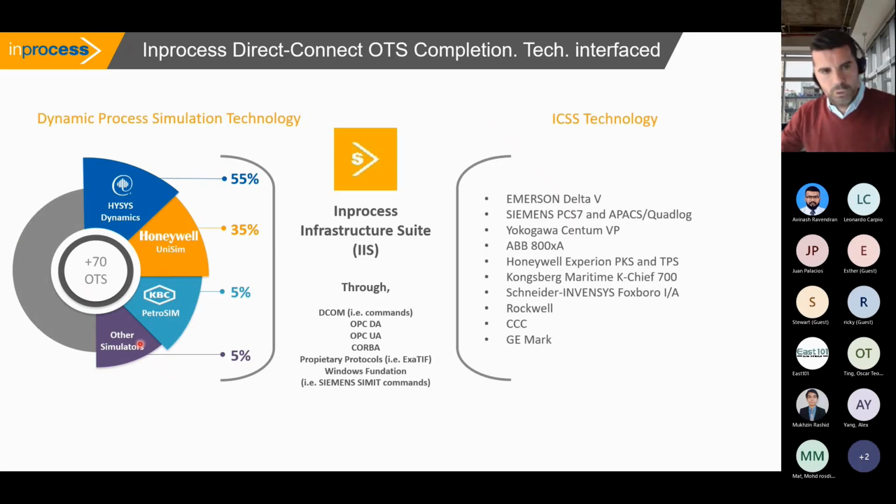Again, what we're trying to do is to avoid doubling investments, one for the studies and another for the OTSs, and rely on one single company with the capability to perform everything and to provide this vision and this insight that comes from the process to the operations team, right? And interact with all the different technologies that can be available in the market through our knowledge and through our own technology.